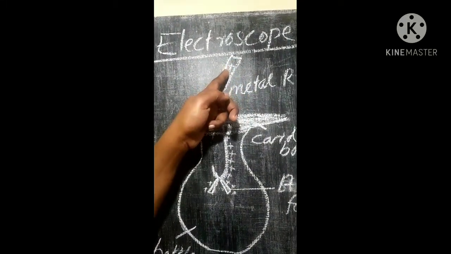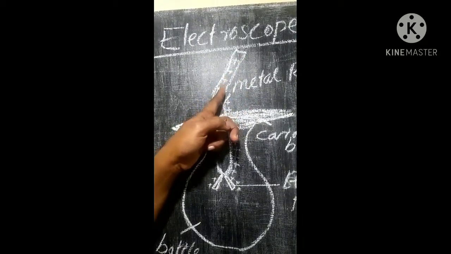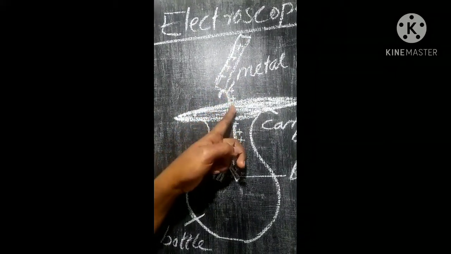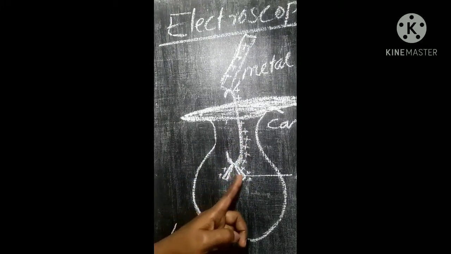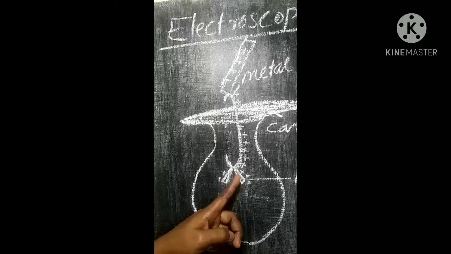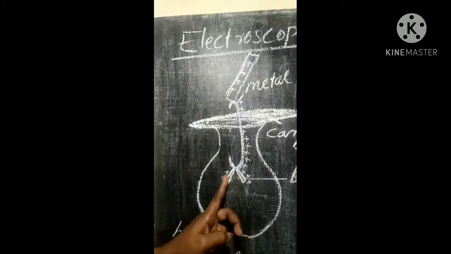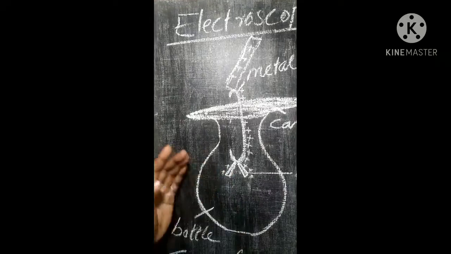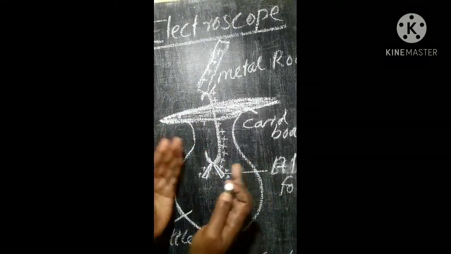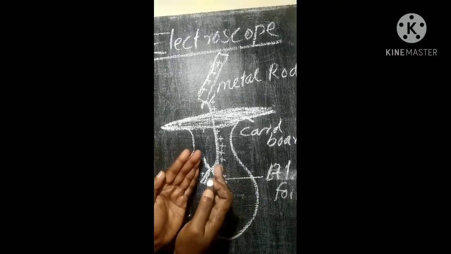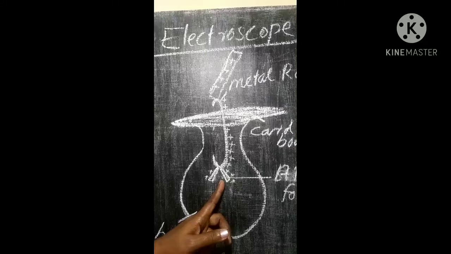So the charge flows from the charged object through the metal rod and reaches the two strips inside the bottle. Due to the accumulation of the same charges on these two strips, they move apart, or repel each other, because of the like charges.